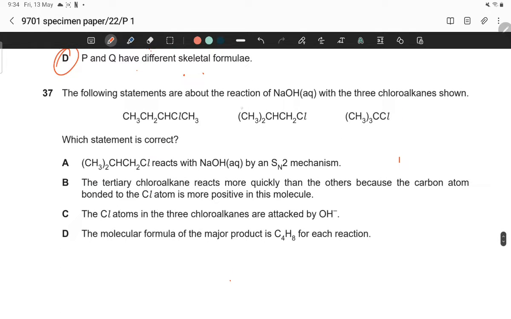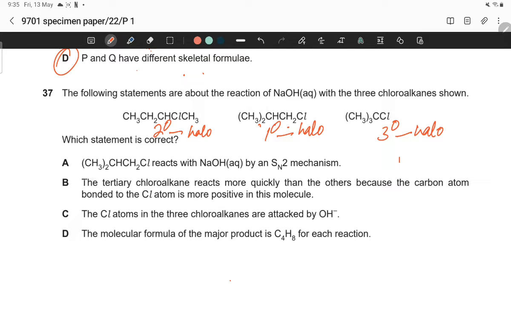The following statements are about the reaction of NaOH with the 3 chloroalkanes shown. Okay, this is secondary, this is primary haloalkane, and this is tertiary haloalkane.